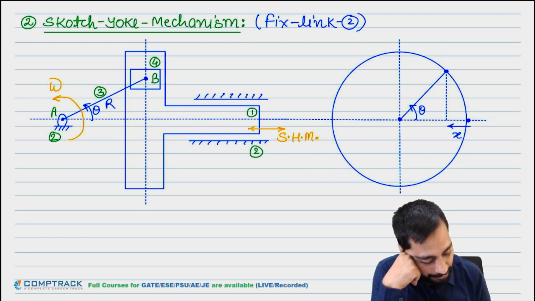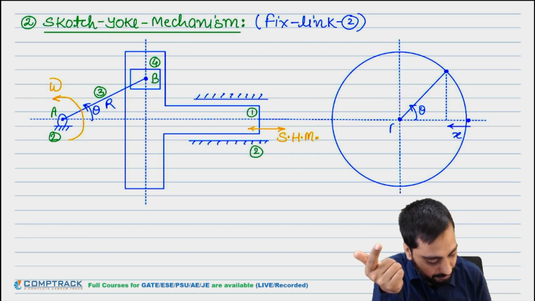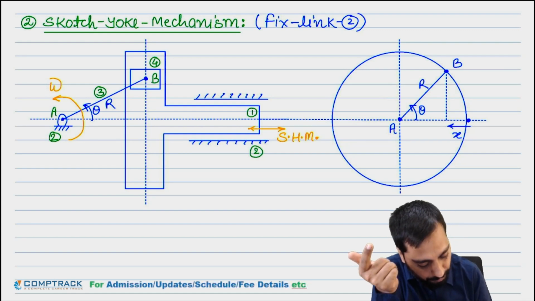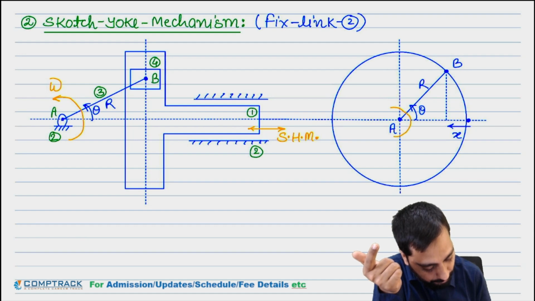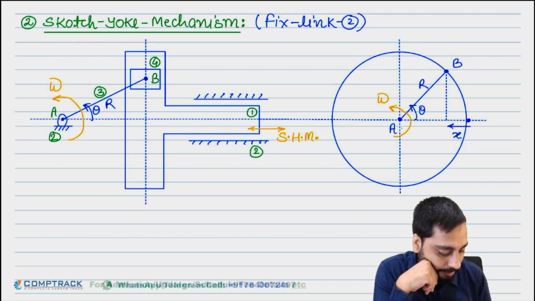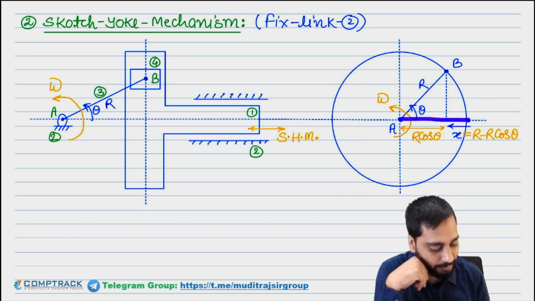Okay. So what will be the value of it? Let's say this is the center A, and this is B, this is radius R, and you are moving with constant omega like this. So this was x, total will be R. So this will be R minus, or you can say this will be R cos theta actually, sorry. x will be equal to R minus R cos theta. Yes or no? Because this total will be the radius R.